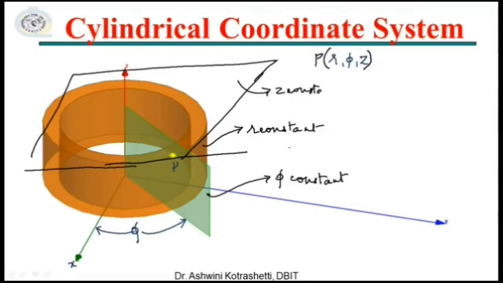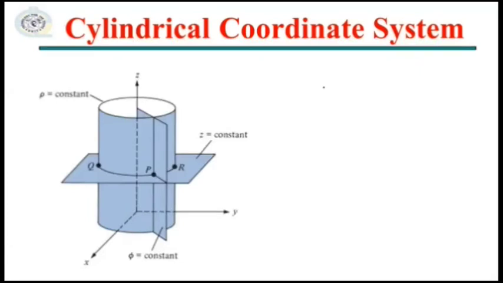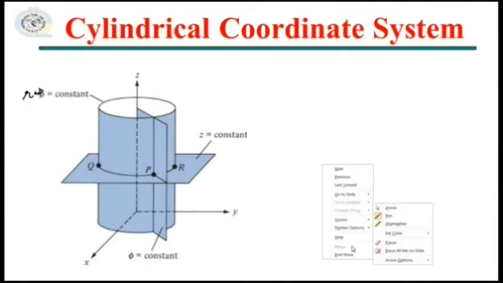Now let us move away from my drawing to something that is more neat and clear to understand. So what did I say? I said there's an r constant plane. Please remember that some of the books refer to radius r as rho. Specifically, Hayt refers to r as rho. So you can read this rho as r itself.